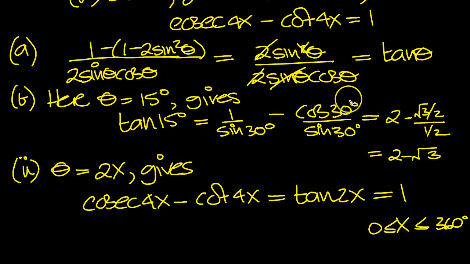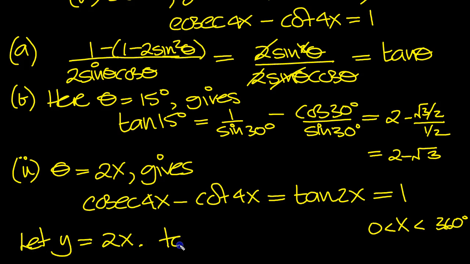So here, x is between 0 and 360, so 2x will be between 0 and 720. So let's let y equal 2x, and then we've simply got to deal with tan y equals 1. And we know that that will need to be solved between 0 and 720 degrees for y. So there's our problem then.